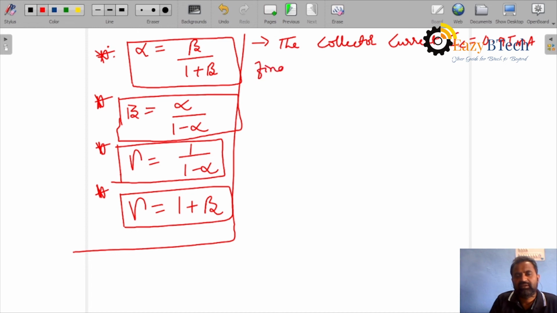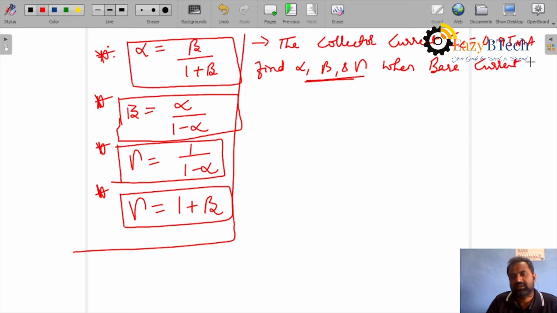Find alpha, beta and gamma when the base current is 0.05 milliamps.